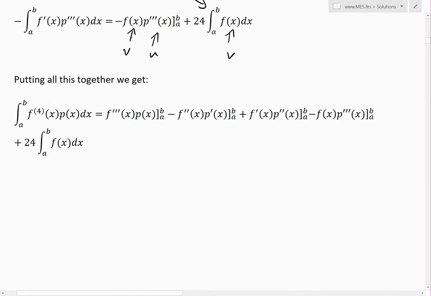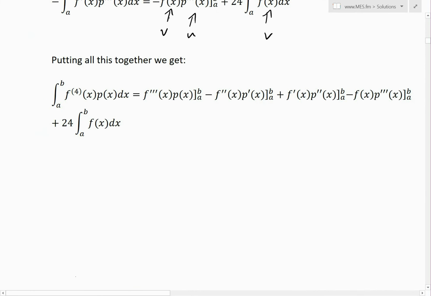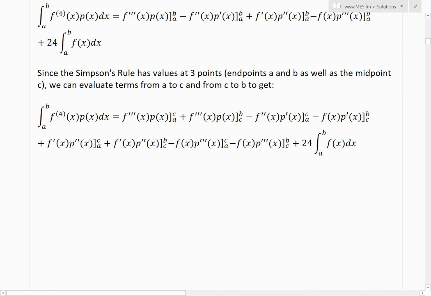This derivative keeps going down for f of x, but for p of x it keeps going up all the way till we have this 24 times the integral from a to b of f of x dx. Since Simpson's rule has values at three points, endpoints a and b as well as the midpoint c, we can evaluate terms from a to c and from c to b.